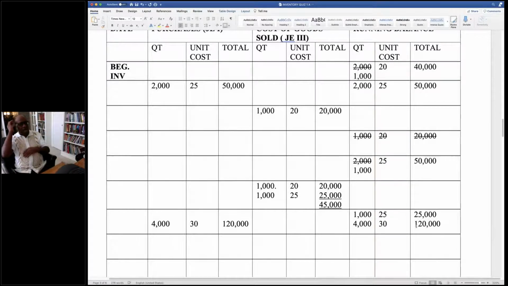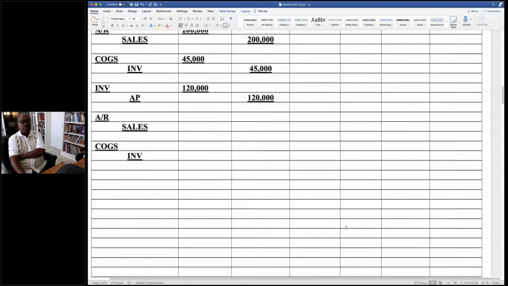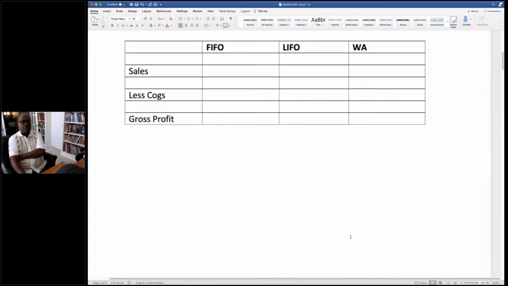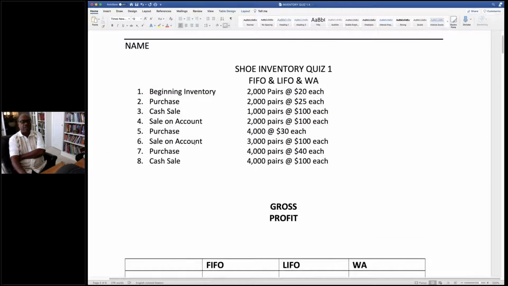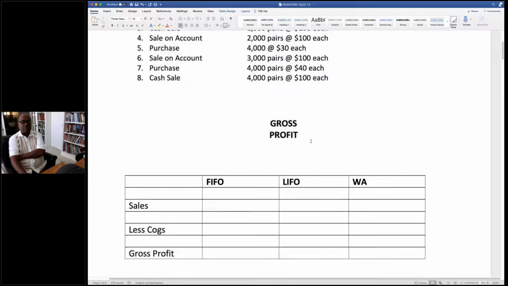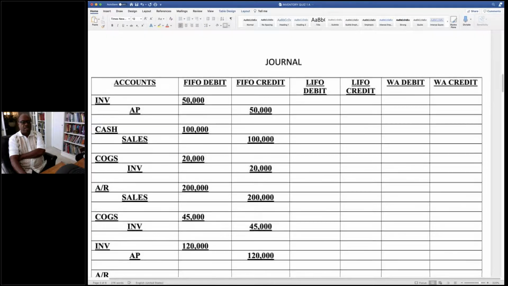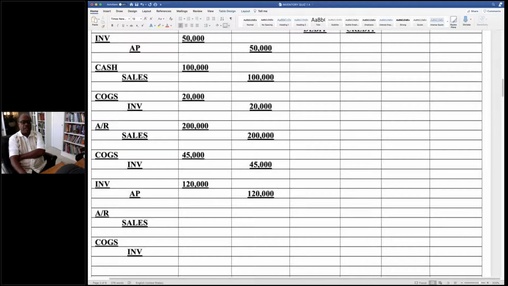So you see how our chart looks updated with that purchase? Now let's go through with the sale. So we sold in this next one, what? 3,000 at 100, correct? So if we sell 3,000 at 100, how much are we going to get? 300,000.